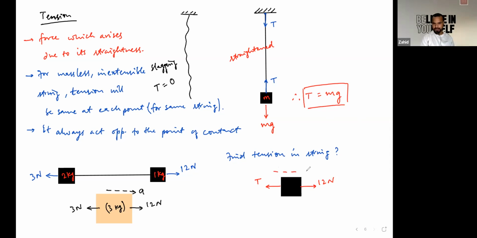And since the system is going along the right side, this block must be moving along the right side with acceleration A. And the mass of this block is 1 kg. So again, apply the second law and try to find tension from this. Is it clear? So from the first equation, you will calculate A, put it in the second equation, you will get the value of tension T. Try to solve.